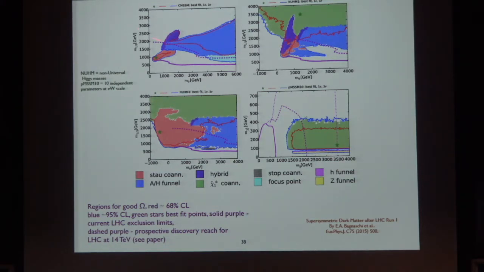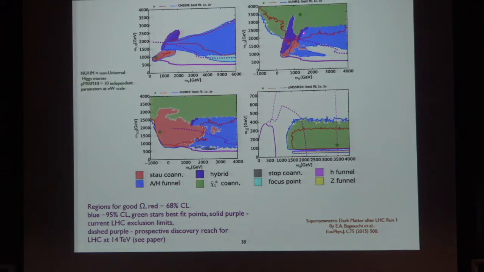This is the constrained MSSM, and M1/2 is one of the soft breaking parameters, and usually the lightest supersymmetric particle, say the neutralino, will be about half of this mass of 500 GeV. So this is the region that the LHC has probed.